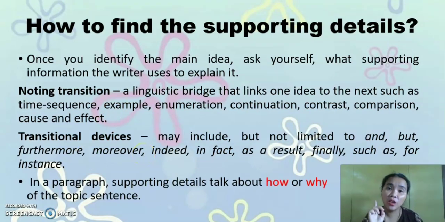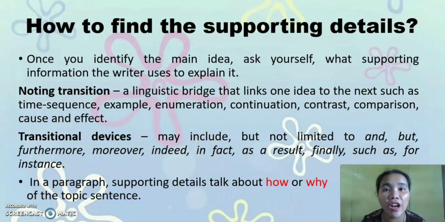Also remember, class, that in a paragraph, supporting details talk about how or why of the topic sentence. So if you already know the topic sentence or the main idea, the remaining sentences are the supporting details that tell why or how it becomes the topic sentence. They support that topic sentence.